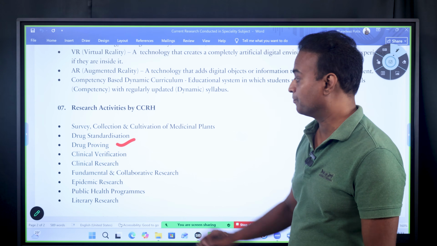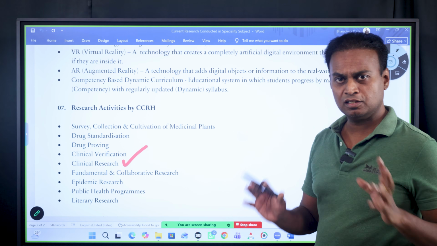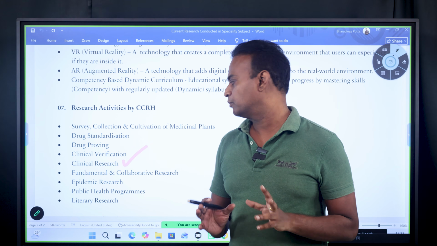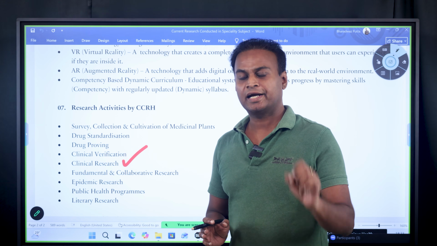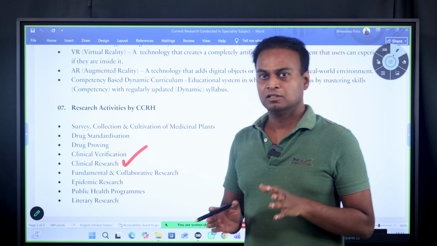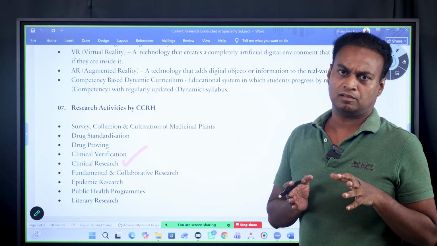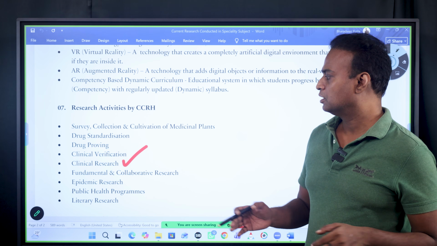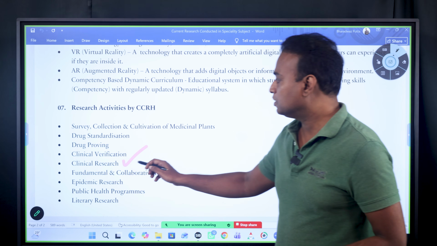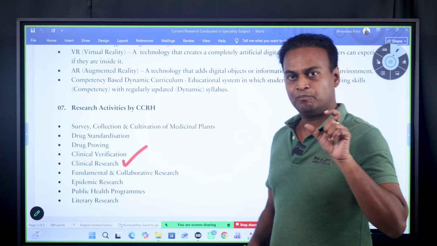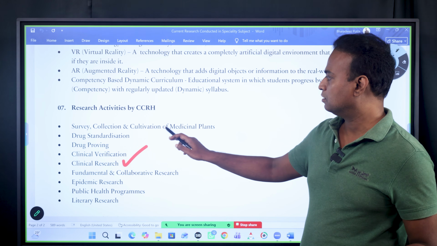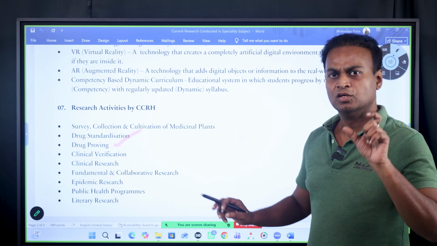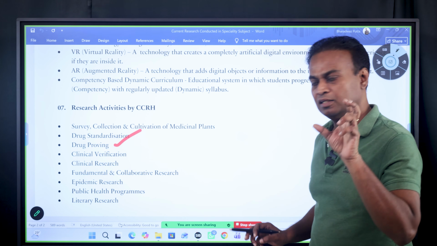That is clinical verification. Next one is clinical research. Clinical research, we know there are 2 types of clinical research being mostly done by CCRH. One is RCT, randomized clinical trial, where the patients are randomized by chance to one of the treatment arms, and the research is conducted. Clinical trials are based on a particular disease condition. In homeopathic drug proving or pathogenetic trial, we are giving the patient a particular drug.